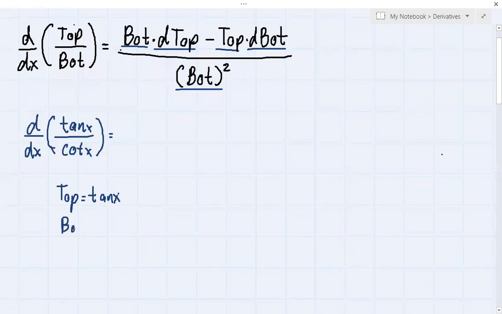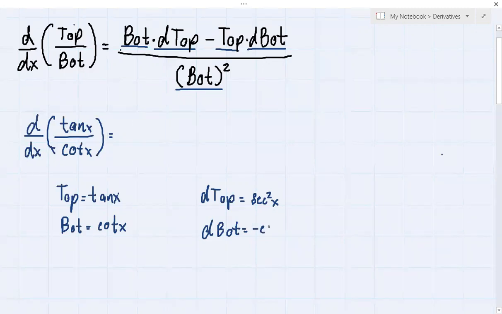Si bottom natin or bot, which is si cotangent x. Okay? Now, kunin natin yung derivative ng top. Okay? So, derivative ng tangent x, we will have secant squared x. Now, we will get the derivative of bottom or d bot, which is basically derivative ng cotangent x. So, that would be negative cosecant squared x.